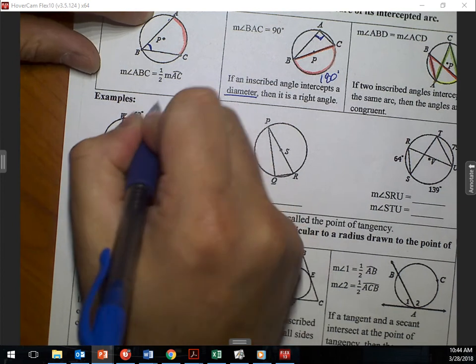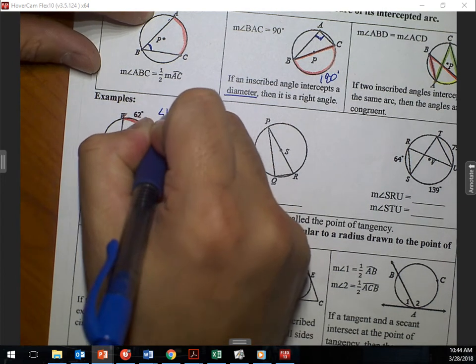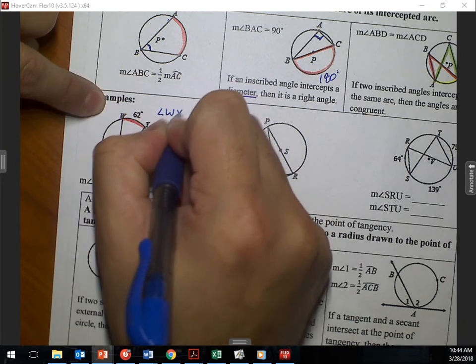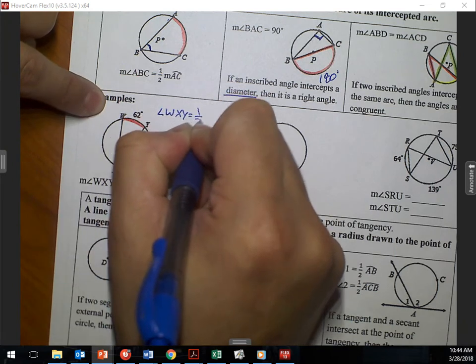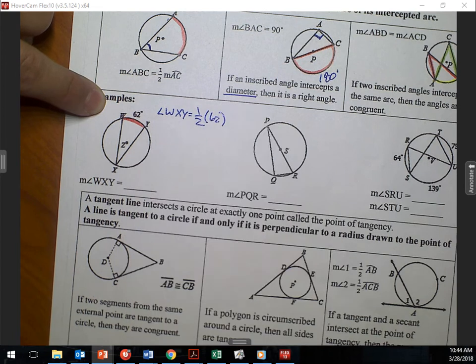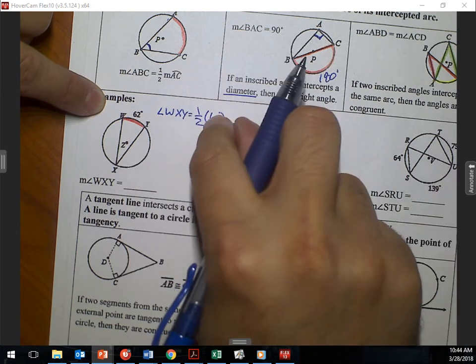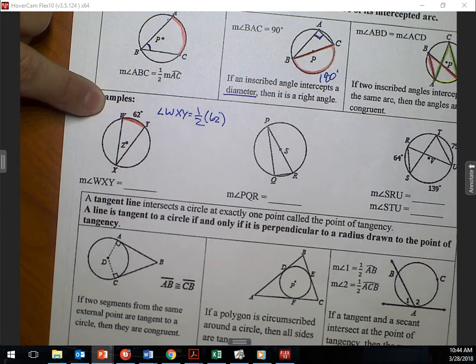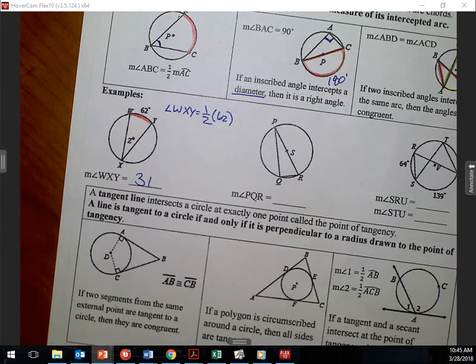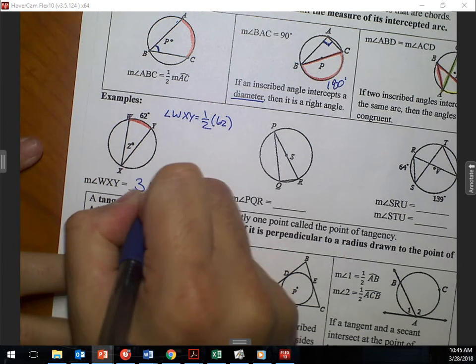Angle WXY is equal to 1/2 my arc of 62, right? Do the math, and what is my angle going to be? 31. What do I have to add with that? Say degrees. All my angles are measured in degrees here.